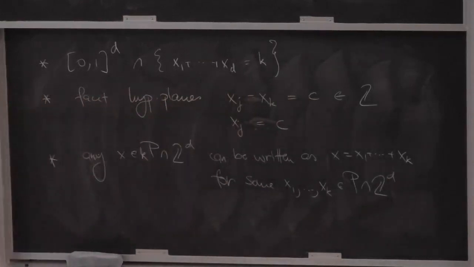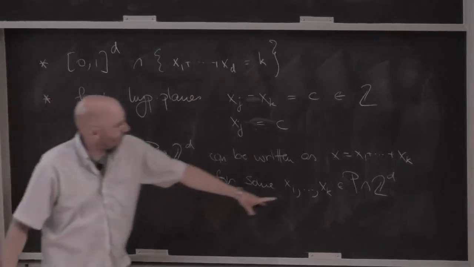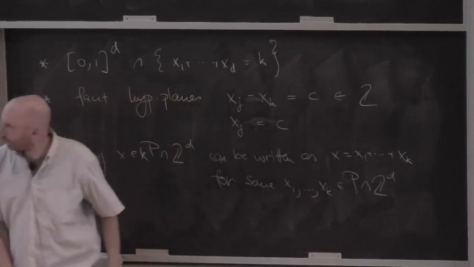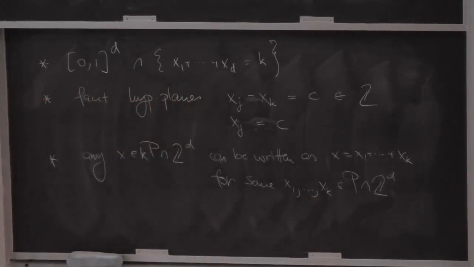Somehow the lattice point structure in your dilates is governed by the lattice point structure in the original polytope. That's what we're saying over here. Okay. Anyway, so take my word on that.